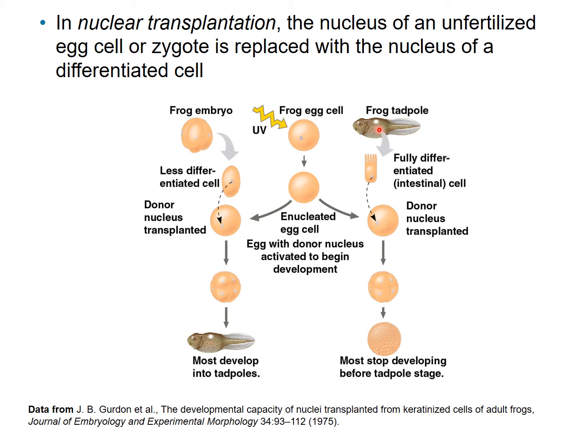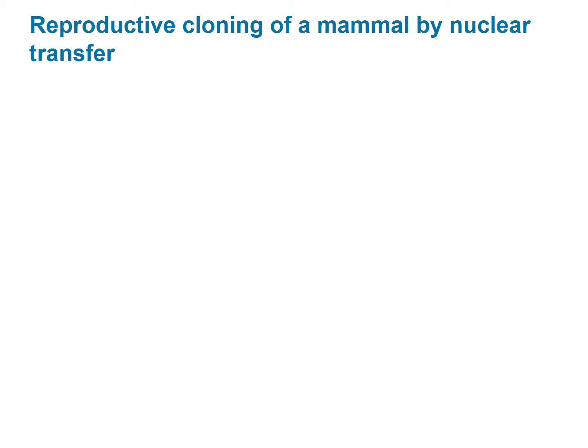Here they took an intestinal cell, which was fully differentiated, took the nucleus from that and put it into the recipient, and ultimately most of them stopped developing before the tadpole stage. So these data indicate that a less differentiated cell is more likely to undergo full development and develop into a full organism than a cell that's already been differentiated into a certain cell type.